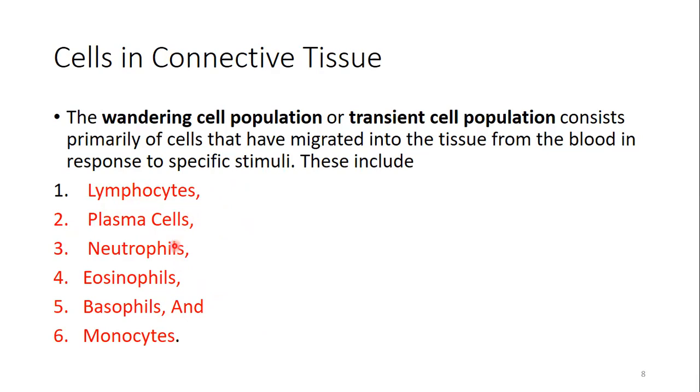Then we have neutrophils, eosinophils, and basophils. These belong to one population of white blood cells. We call them granulocytes. These cells are loaded with chemicals that are very lethal towards any foreign cell or antigen.